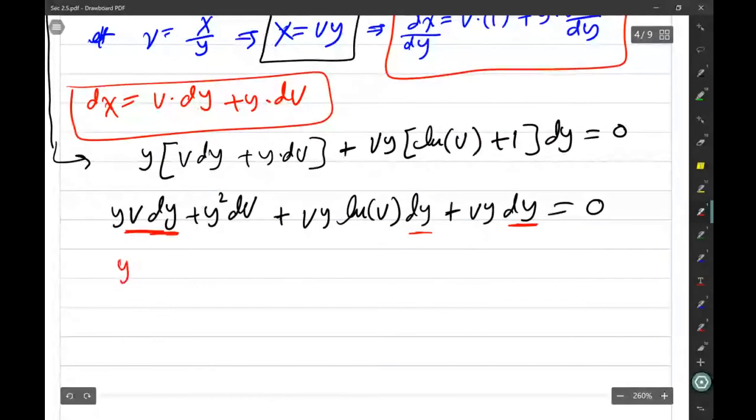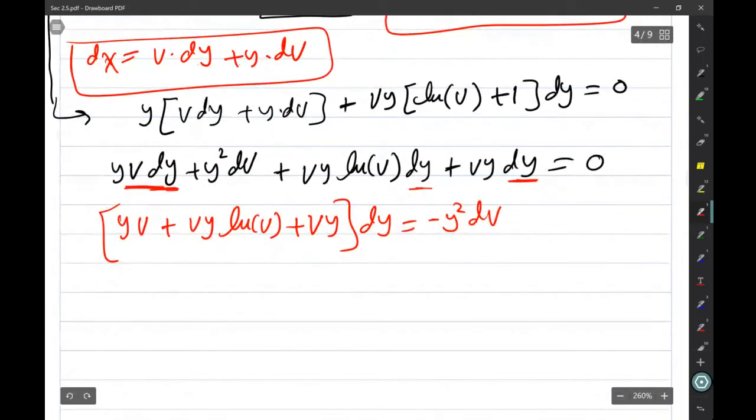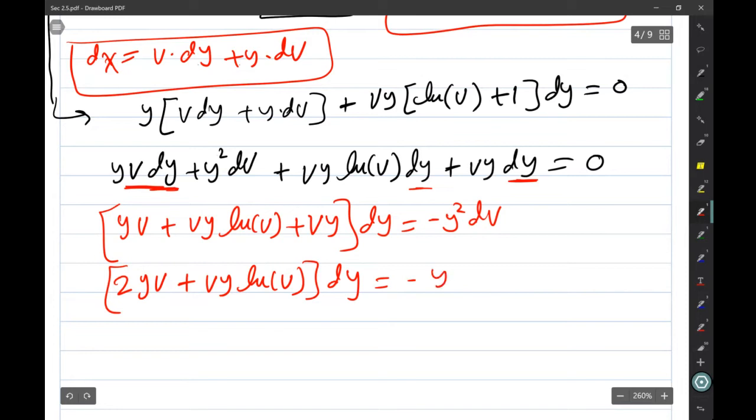So you will have (yv plus vy ln v plus vy), all multiplied by dy; y squared dv, take it to the other side, becomes minus y squared dv. Now the left hand side becomes (2yv plus vy ln v) times dy equals minus y squared dv.